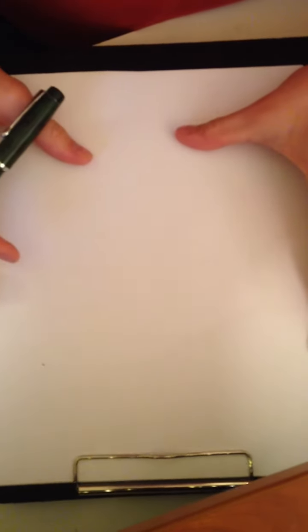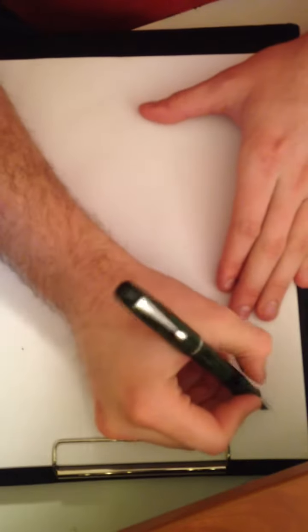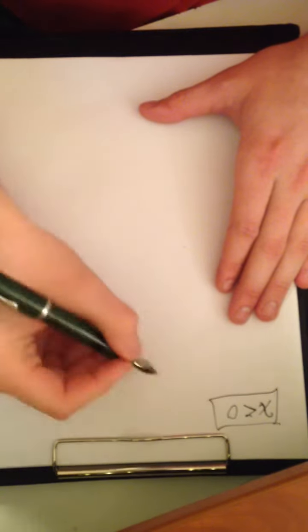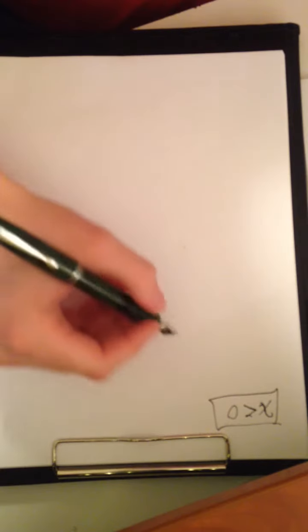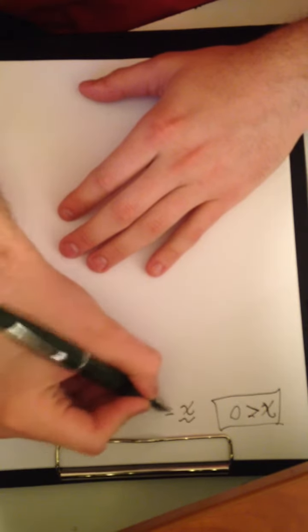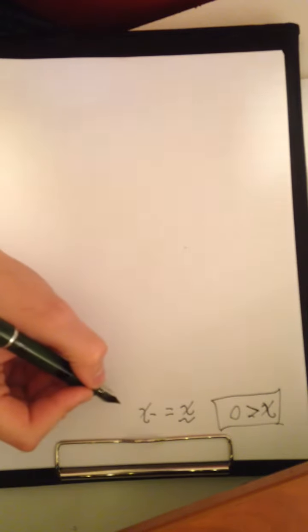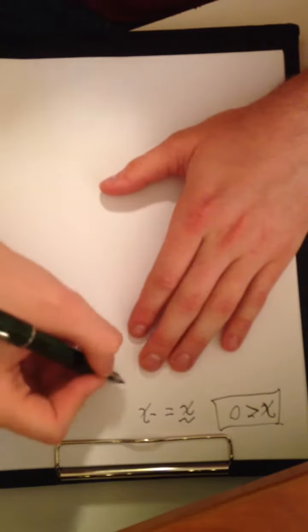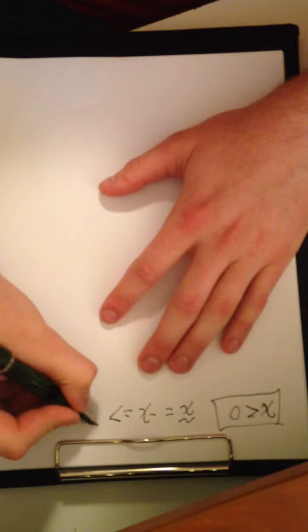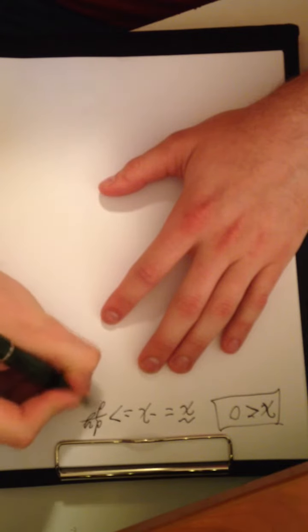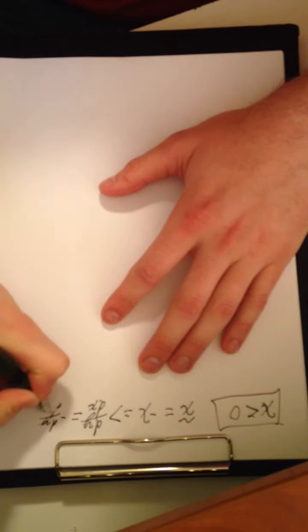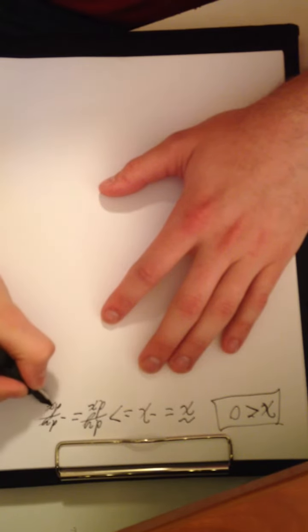Now, for when x is less than 0, we are going to say that our x tilde is equal to negative x. By saying that x tilde is equal to negative x, we are also stating that dy over dx is equal to negative dy over dx tilde, or excuse me, dy over dt.